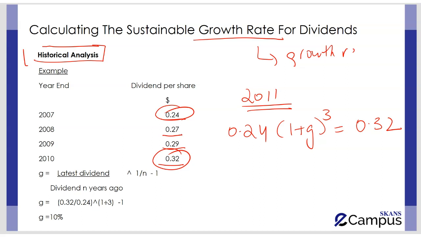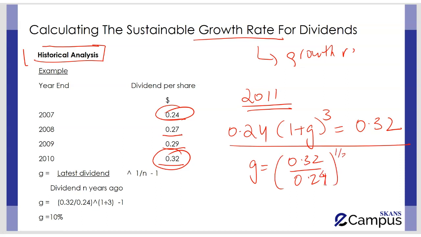So I use this formula, and then further on I can write g is equal to (0.32 over 0.24) raised to the power 1 over 3, minus 1.